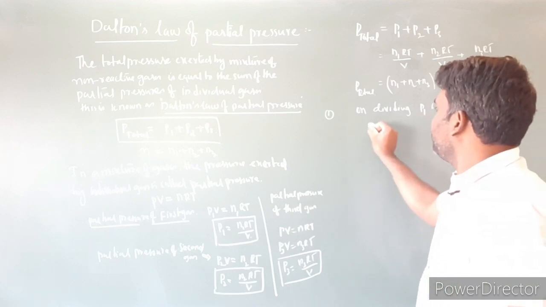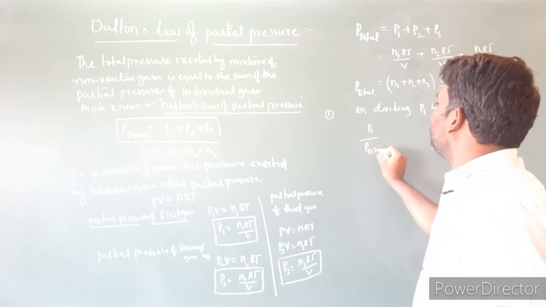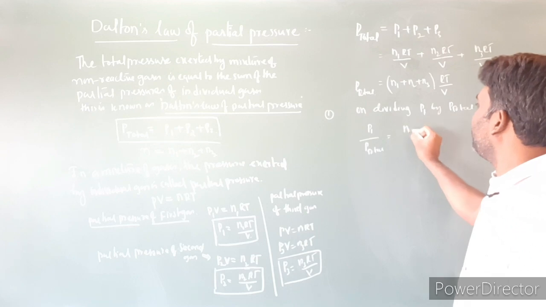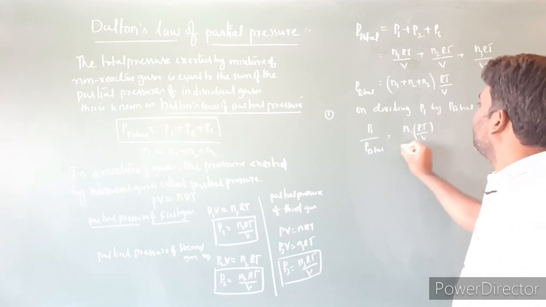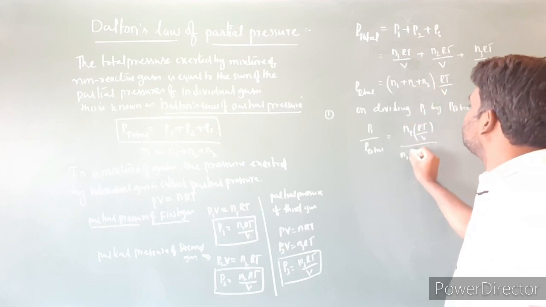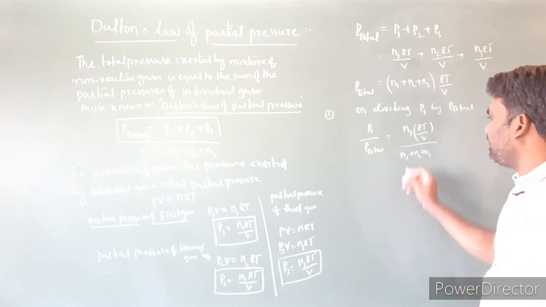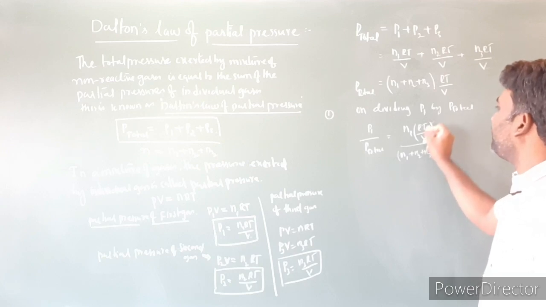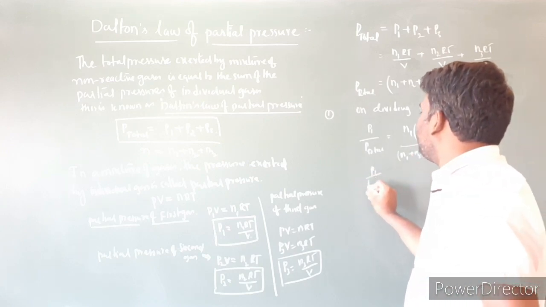P1 is nothing but N1RT by V, divided by P total, which is (N1 plus N2 plus N3) into RT by V. So RT by V will get cancelled.